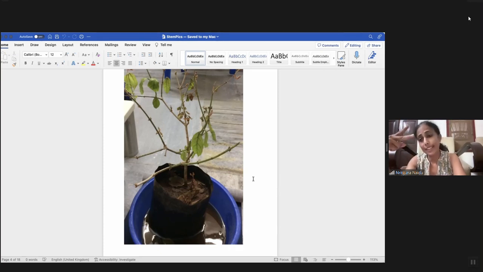But two important things that it needs are water and minerals, and sunlight. For these two, it needs the stem. Stem to transport water and stem to carry the leaf towards light. So that's an important task that the stem has. Let's look at this potted plant.